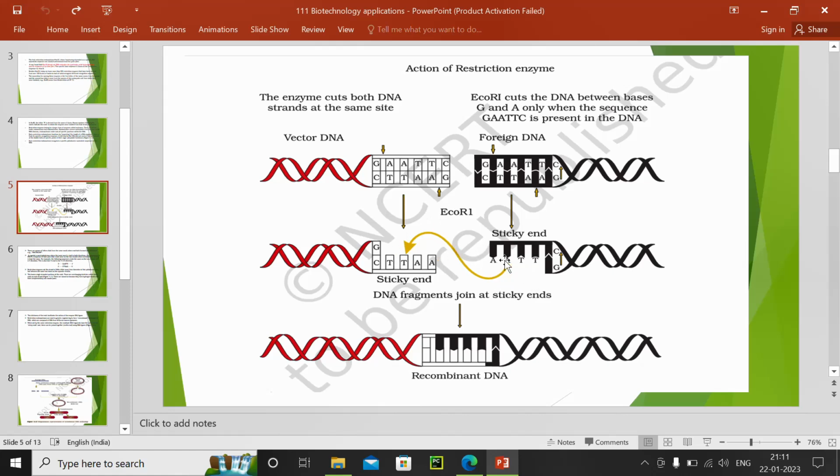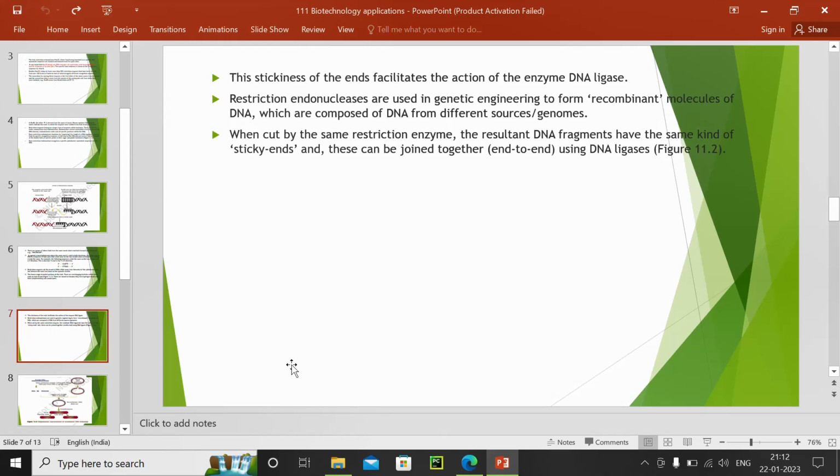Therefore, it is very easy for a ligase to join them and form a complete DNA molecule which is recombinant. Therefore, in this topic, sticky ends are joined to each other with the help of ligase.